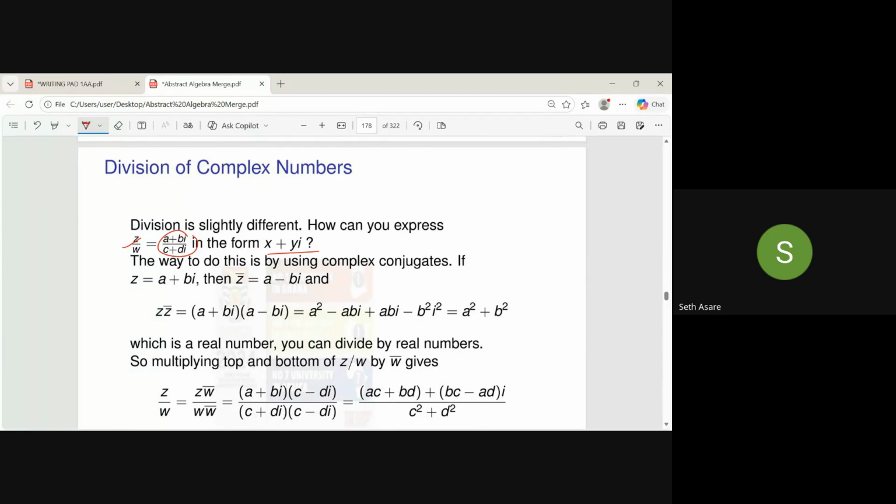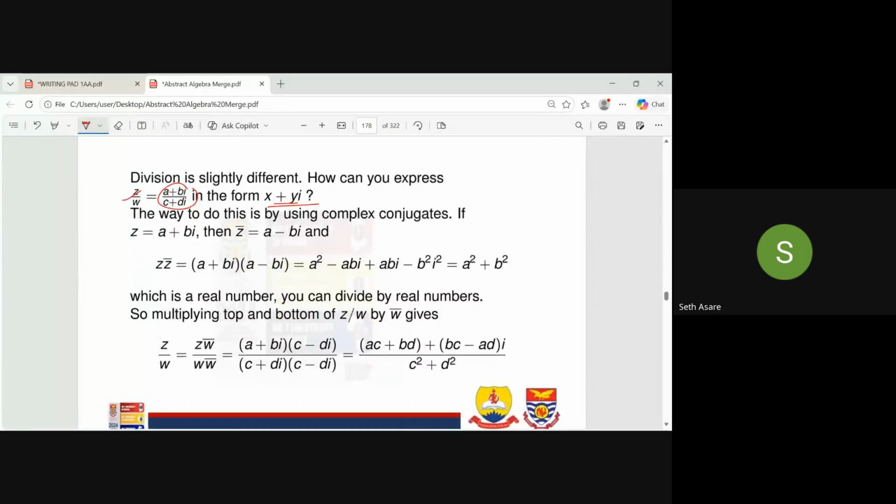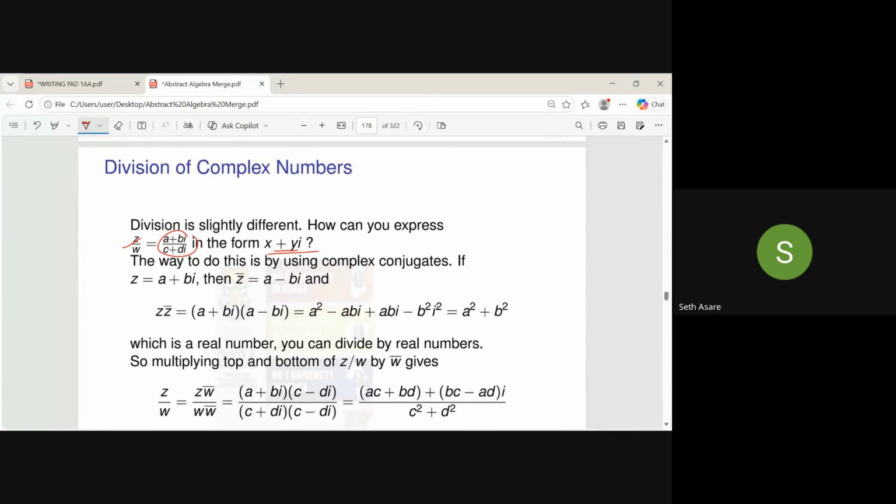Okay. So we are going to use the rationalization method so that we bring it like this. So if I have a plus bi and c plus di, we know that all the time we rationalize it using the conjugate of the denominator. Now let's look at this.